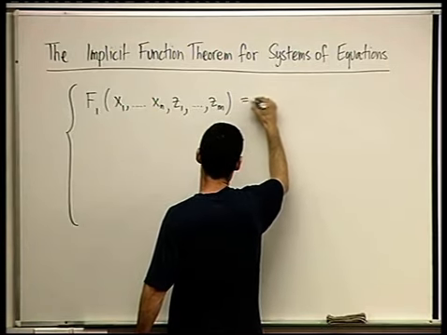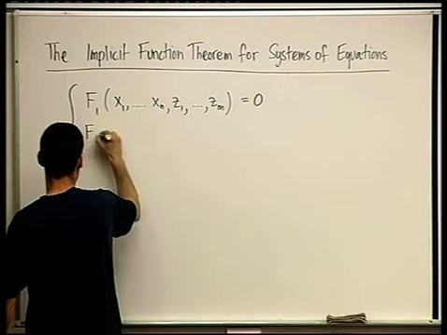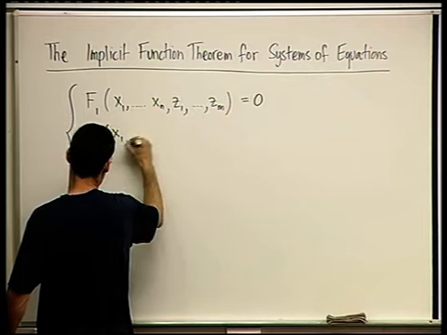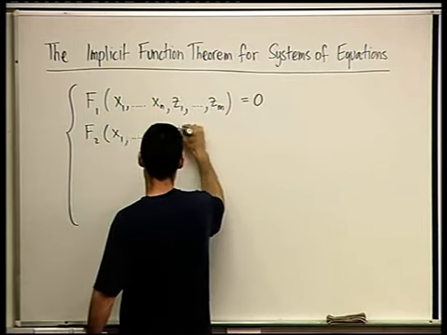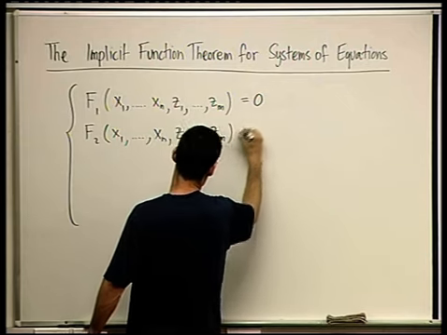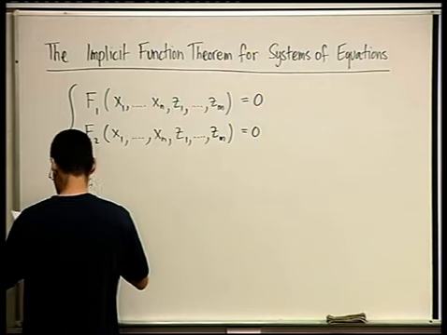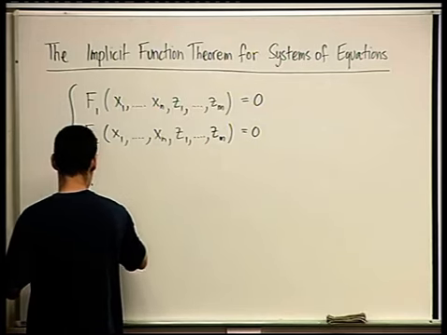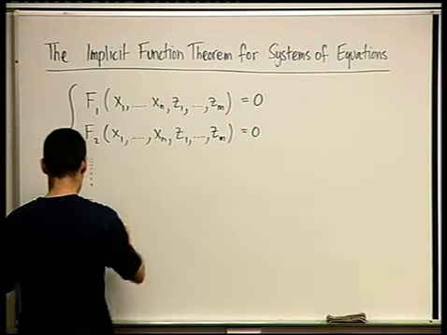So here's the first relation, and then there's another one, f2 of all these variables, x1 up to xn, and z1 up to zm equals 0. And then there's a bunch of these relations, a total of m of them. So m has to correspond to the number of variables I called z.